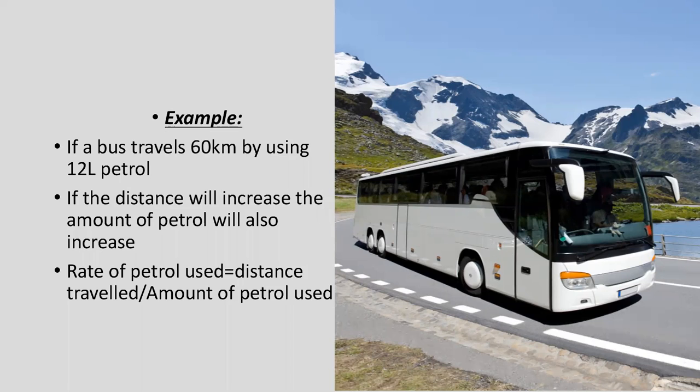Then how will you calculate a ratio? The rate which is found between the distance traveled and the consumption of petrol, you can find out by dividing the distance by the amount of petrol it will use. Is it clear to all of you?